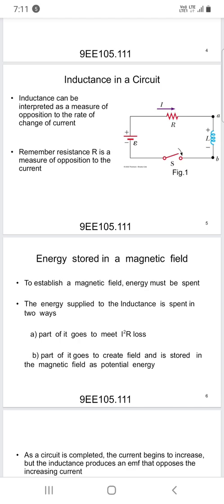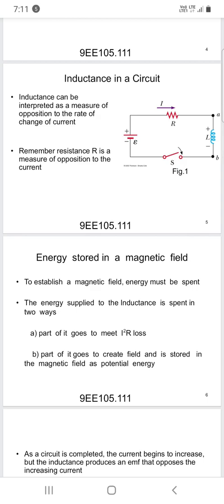It consists of a battery, in series with a resistance, in series with an inductance, in series with a switch. The battery is denoted with E, and the series resistance is denoted with R.